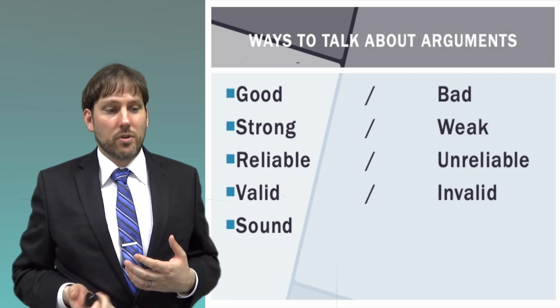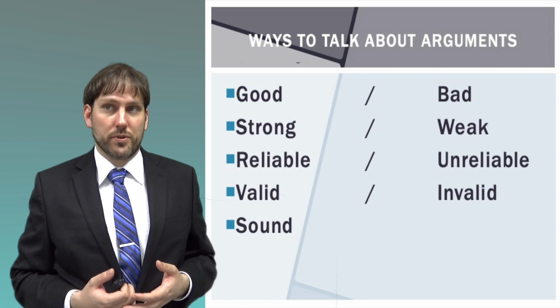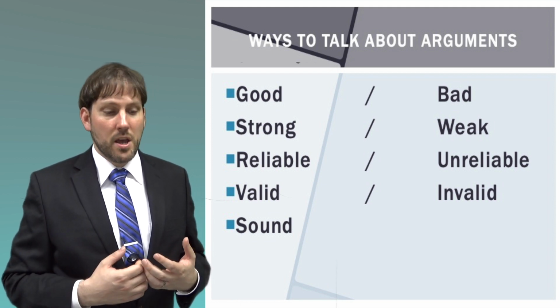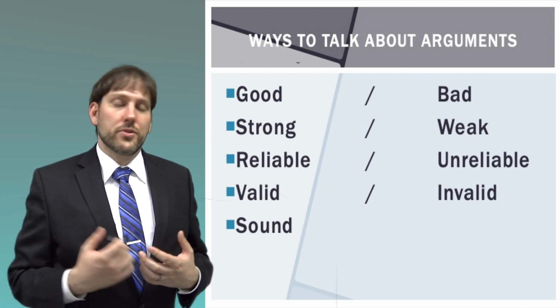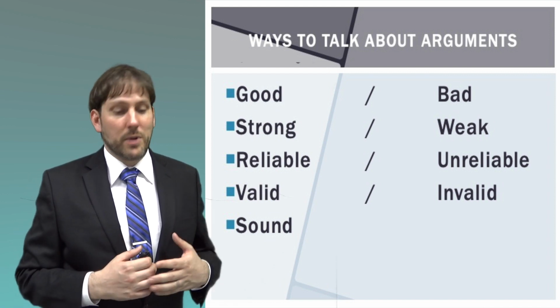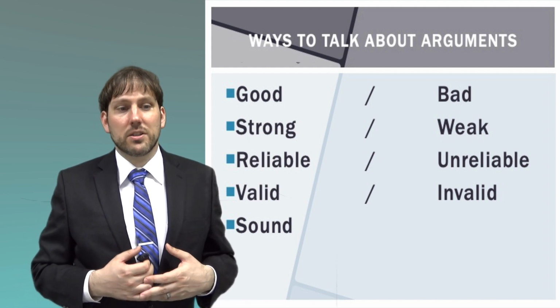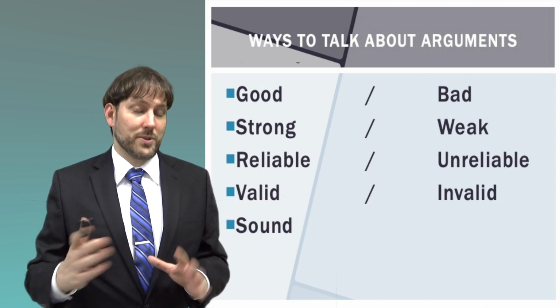An argument is good if it follows these sorts of rules. An argument is bad if it doesn't follow these rules, or if it convinces you by using something outside of these rules. We can talk about arguments as being strong or weak. Strong means it is convincing, weak means it is not convincing; reliable or unreliable. And in the case of deductive arguments, which we'll look at later, valid, invalid, and sound, terms that I'll explain then.